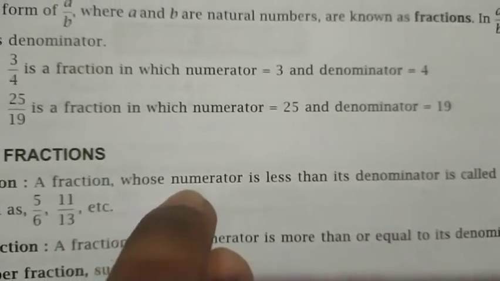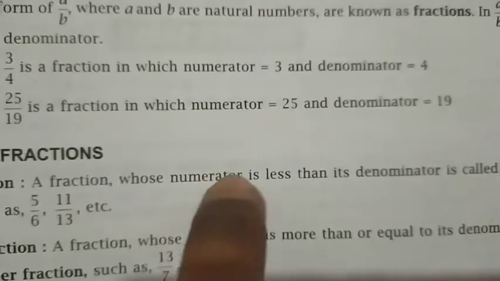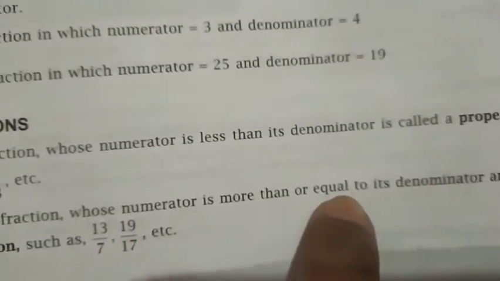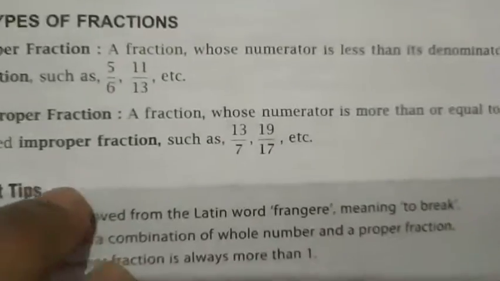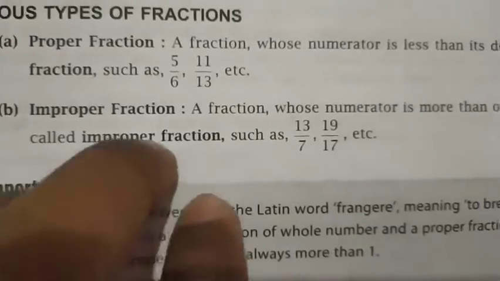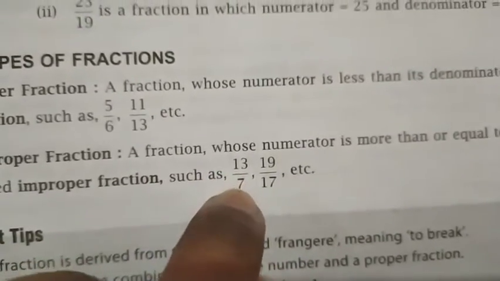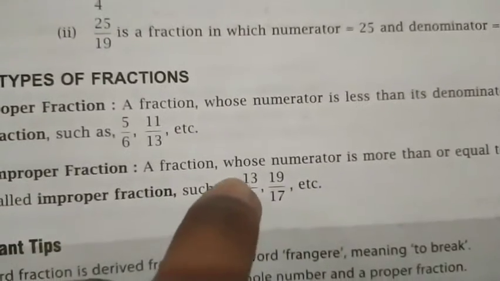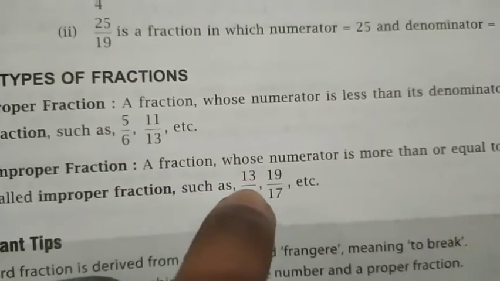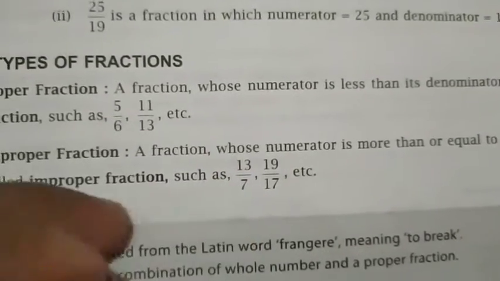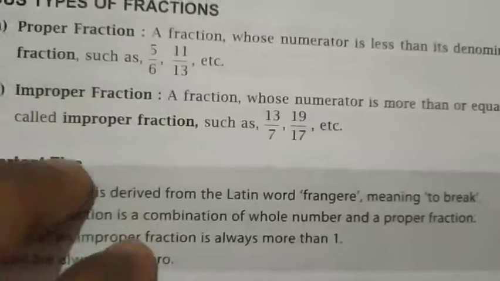As in proper fraction it was less, now it is more than or equal to the denominator. You can think of some more examples on your own. Here it is given 13/7, 19/70. Clearly the numerator is greater than the denominator. I don't think it's a difficult term.